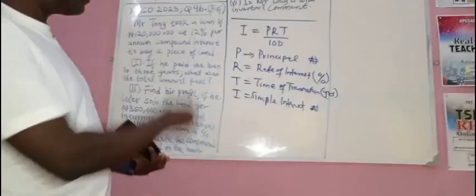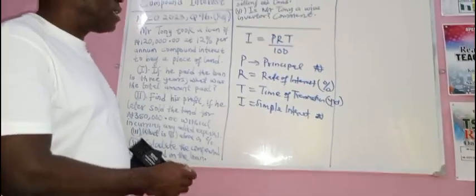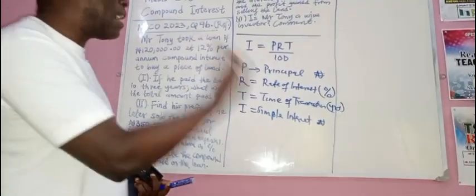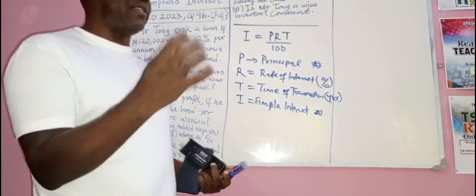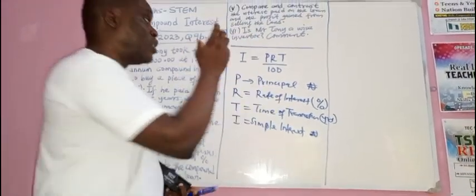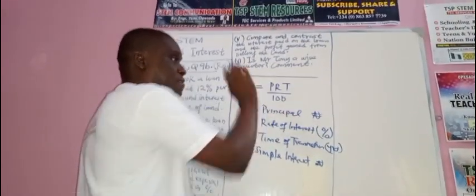Okay? So that is simple interest. Now for simple interest, if an amount is borrowed or saved for a period of 5 years, your T is used as 5 years. Once you just put it there, then you get your simple interest for 5 years.